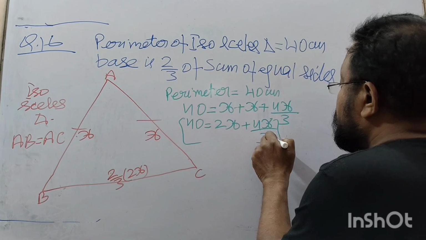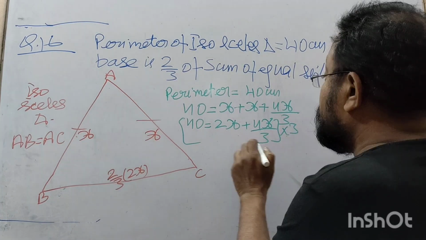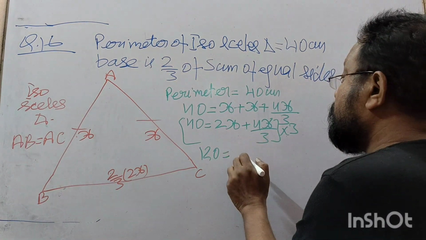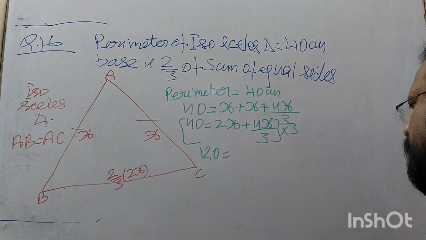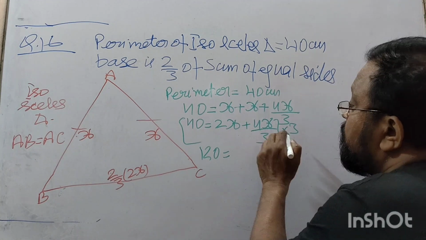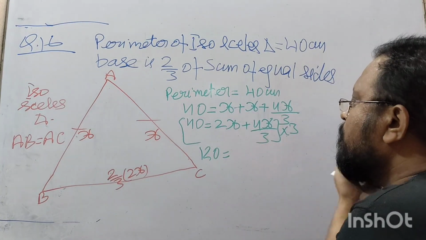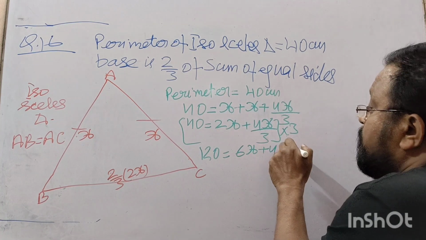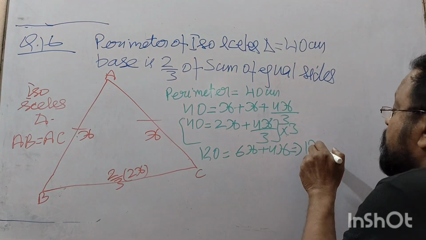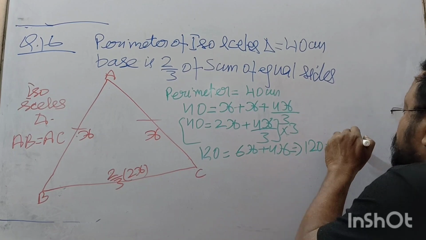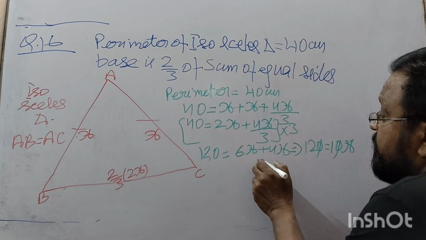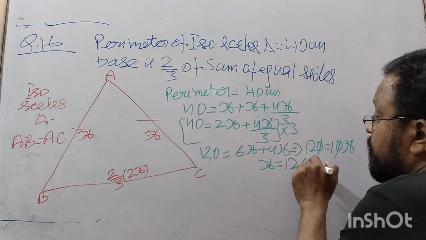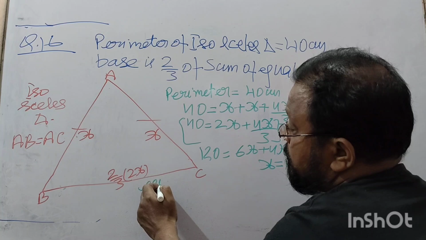Multiplying the whole figure by 3, we get 120 is equal to 6x plus 4x. It becomes 120 is equal to 10x, so x is equal to 12 centimeter.